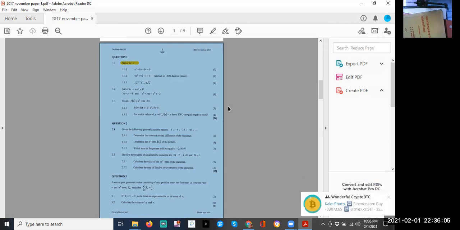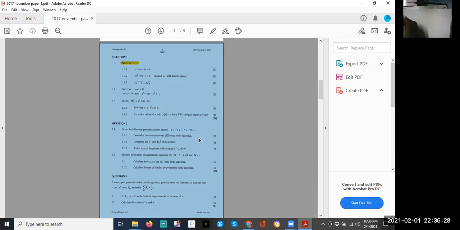Looking at question 2, you'll find that you are given the following quadratic pattern. Now the quadratic pattern is written like this.